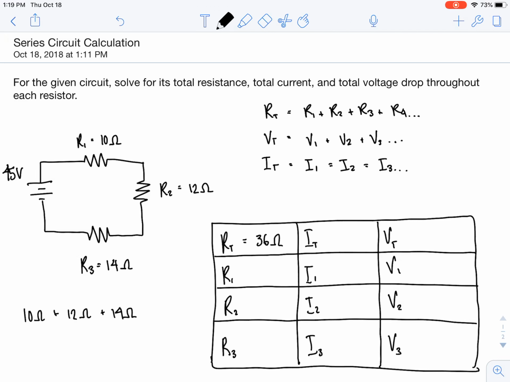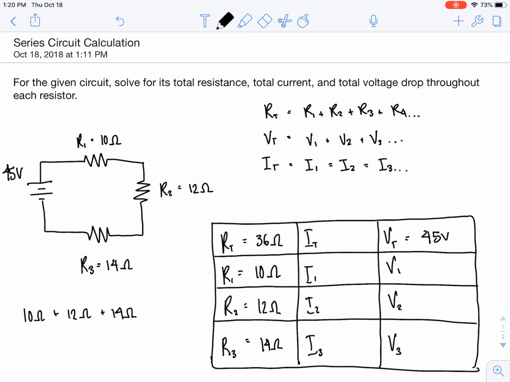Now, for my voltage total, I only have one battery here, so that would be 45 volts. And I did not write out the resistors, so let me do that as well: 10, 12, and 14.